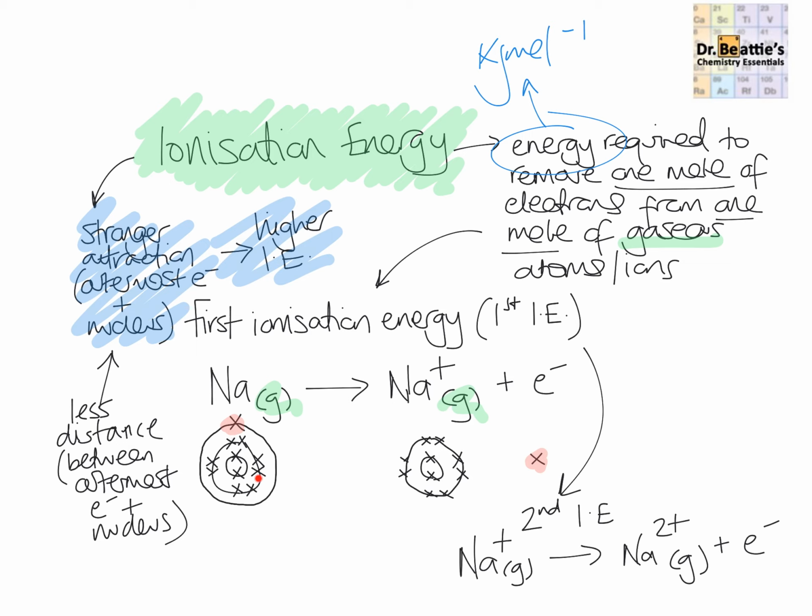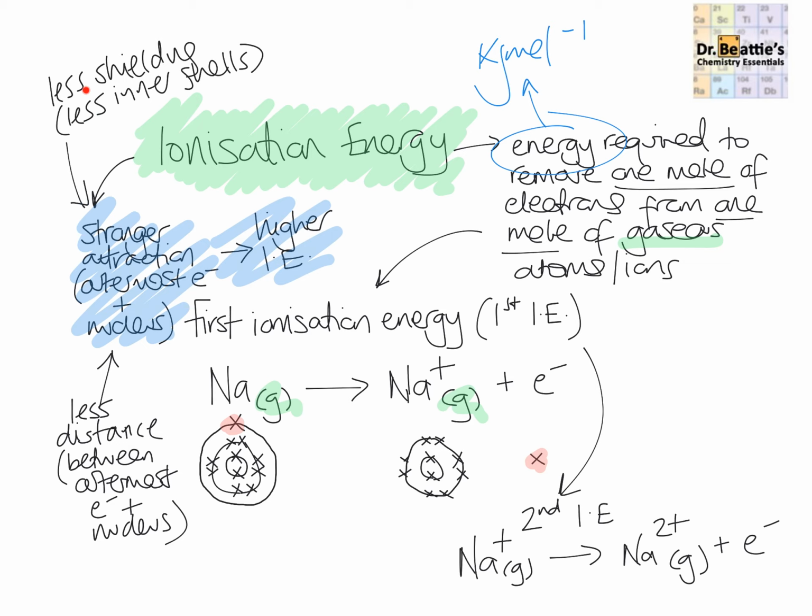Secondly, the number of inner shells that provide shielding. So shielding is where the inner electrons basically take a share of the pull of the positive nucleus. And so the more inner electrons, or the more shielding that there is, then the less attraction that the outermost electron feels from the electrostatic attraction pull of the nucleus.